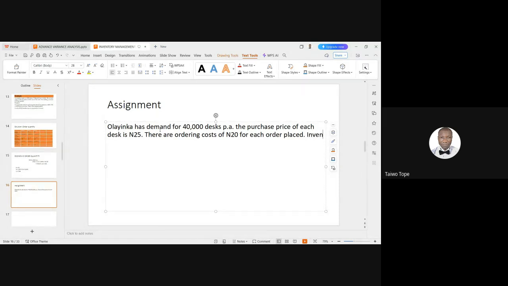Inventory holding costs amount to 10% per annum of inventory value.